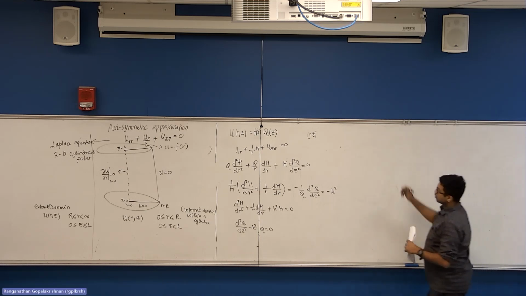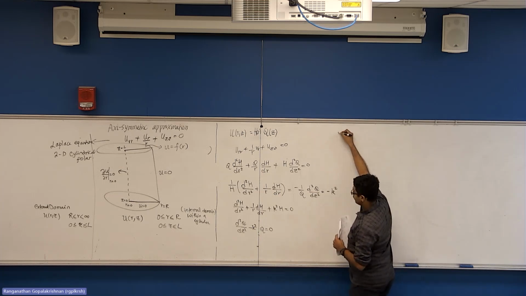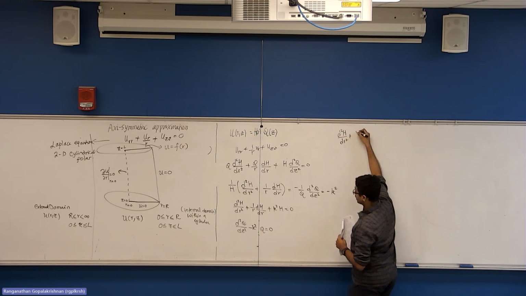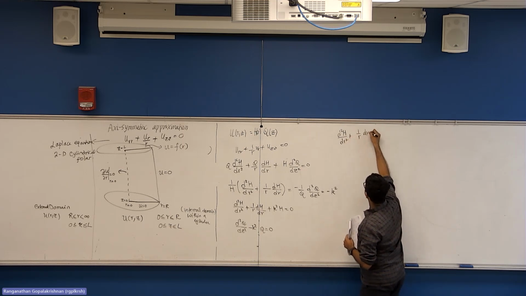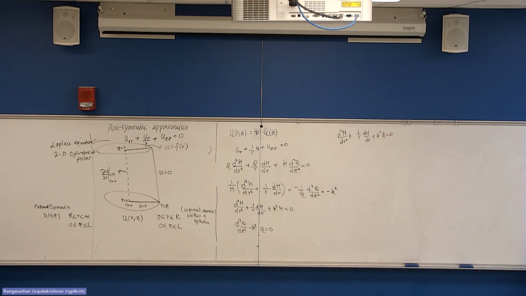Okay. So if you take the first ODE, we have d squared h over dr squared plus 1 over r dh over dr plus k squared h equal to 0. We need to select boundary conditions for this equation.